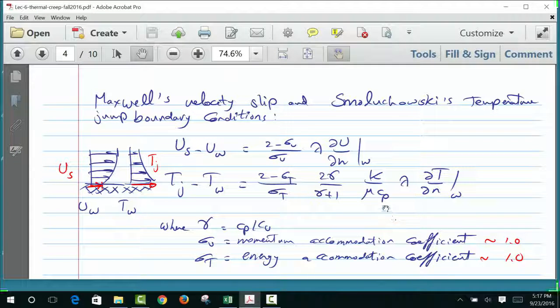And then if you notice K, mu, Cp, that's like the Prandtl number, kind of. What is the Prandtl number? It's the conversion between the kinematic viscosity, nu, and the thermal diffusivity, alpha. Take all the heat transfer equations for flow in a pipe, for example. We said the Nusselt number, which gives you the heat transfer coefficient, is written in terms of the Reynolds number, which is pure fluid mechanics, multiplied by Prandtl.